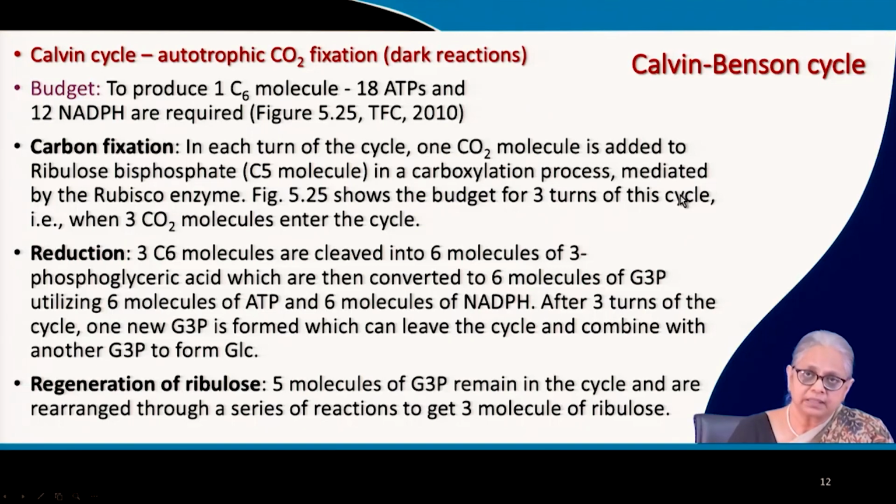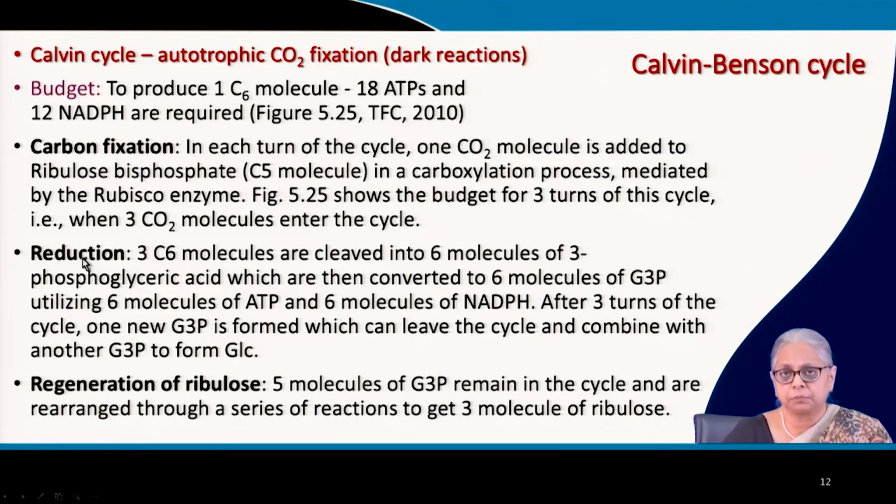In one turn you don't get much, so in 3 turns of the cycle you will get G3P, glyceraldehyde 3-phosphate, and it takes another, so 6 turns of the cycle will give you 1 glucose molecule. In the figure in the text, you have 3 carbon dioxide molecules that enter the cycle one at a time by being added to ribulose bisphosphate.